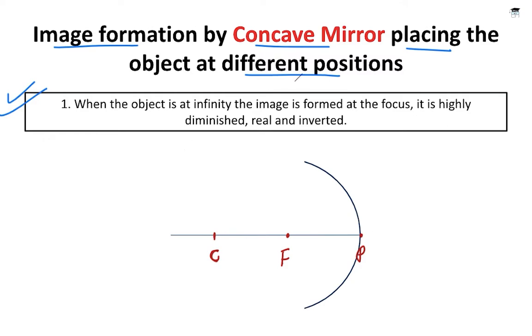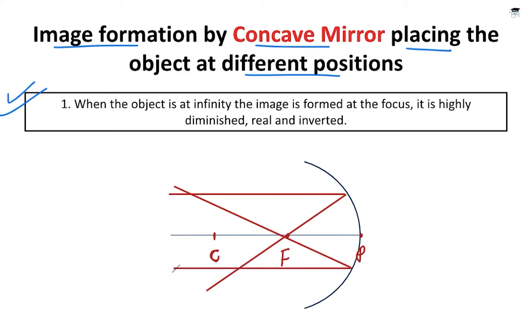Now before beginning with the first case, let's revise the different types of rays that we studied in case of a concave mirror. The first was that a ray which is parallel to the principal axis, after reflection will pass through the focus. The second was that a ray which passes through the principal focus, after reflection will become parallel to the principal axis.